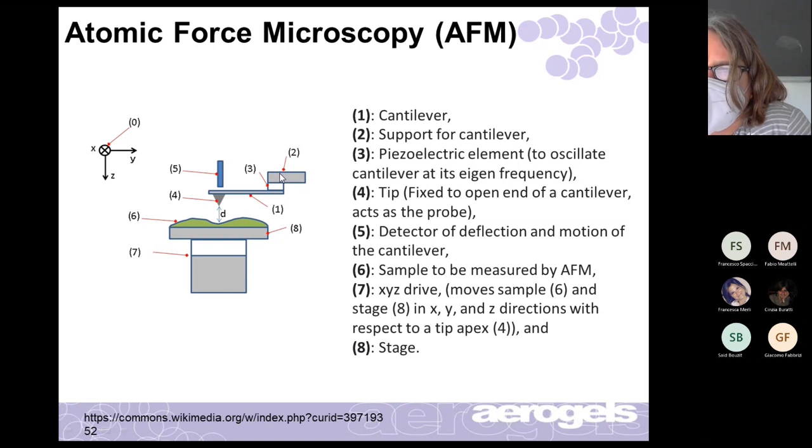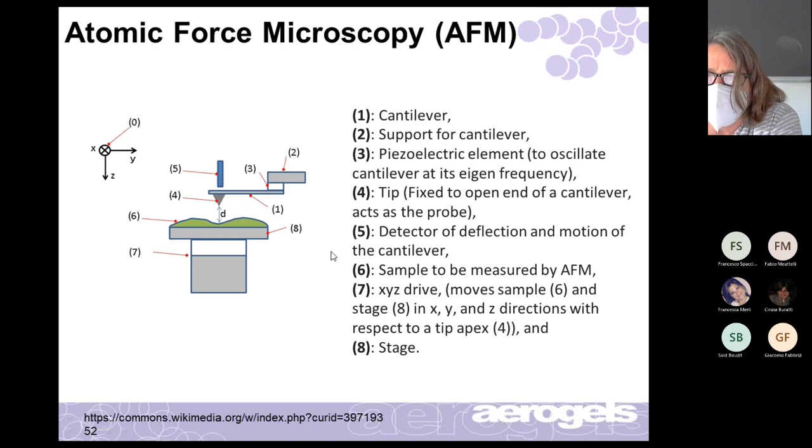This is the probe, and the probe is important. They call it the tip. There are different types you have to choose depending on your material. Then there's a piezoelectric element that will oscillate the cantilever, and there's the probe and the detector.